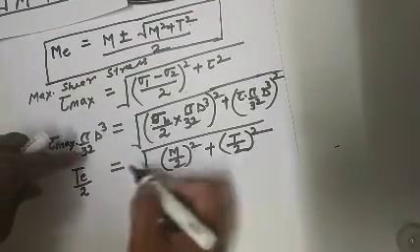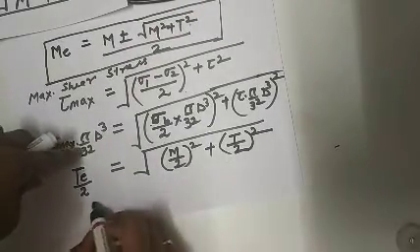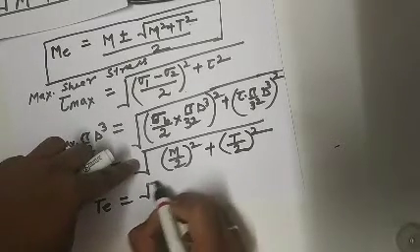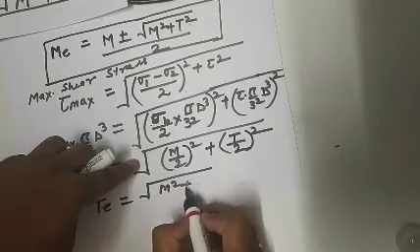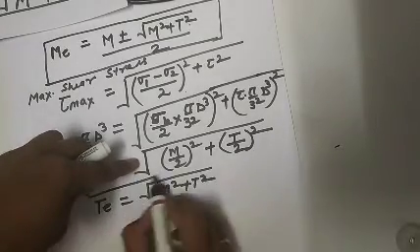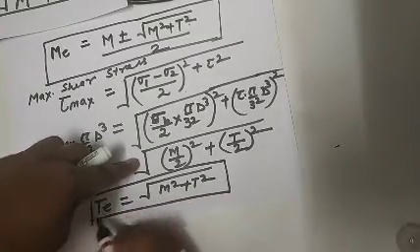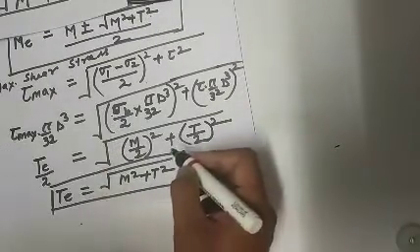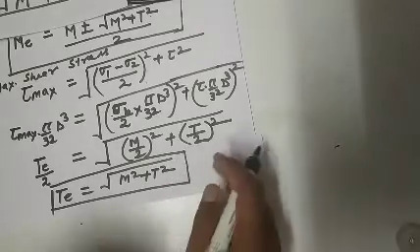Clear? So if we further simplify it, then this will be Te equal to under root M square plus T square. This is the required expression for the equivalent turning moment due to the combined effect of bending and torsion.